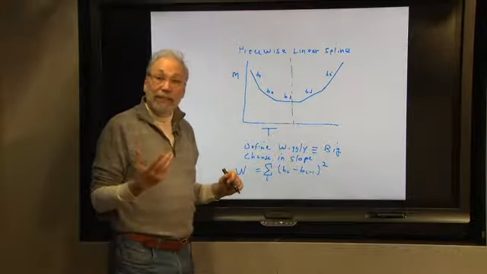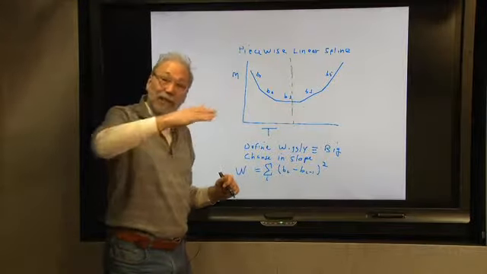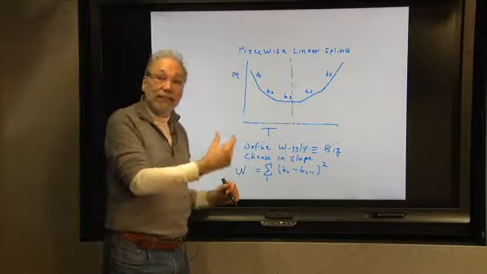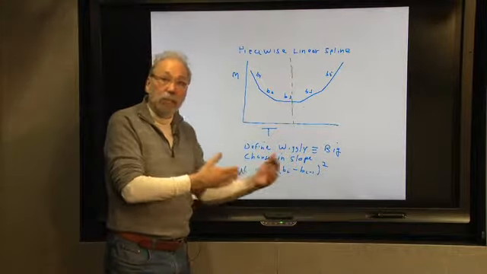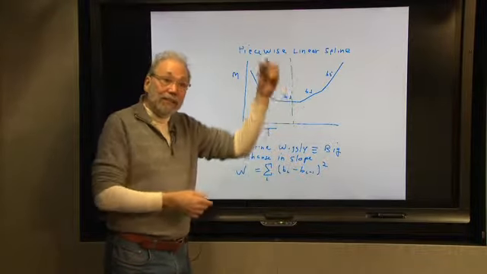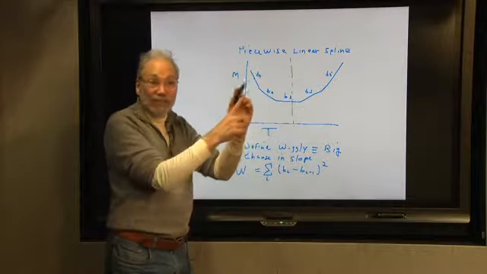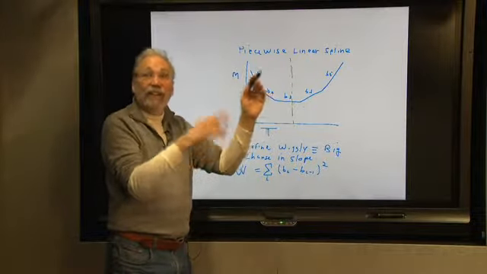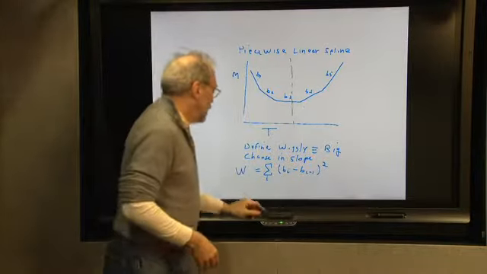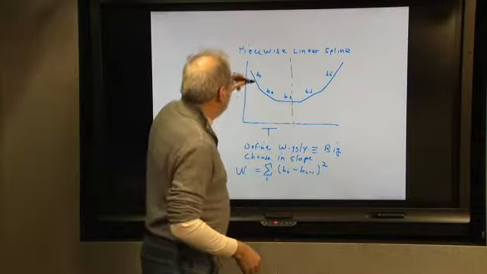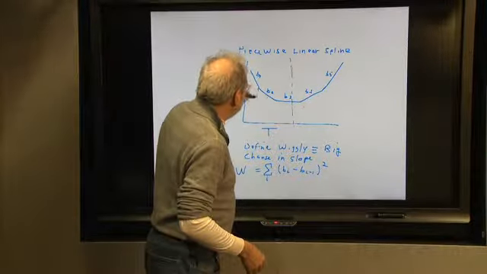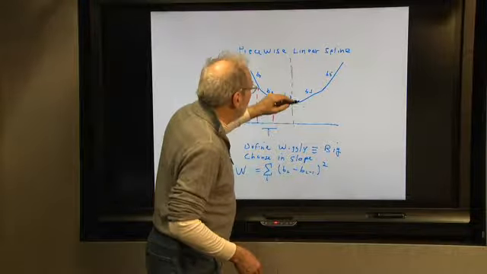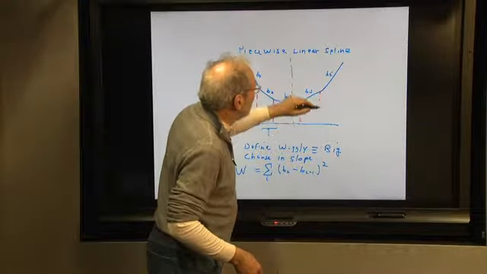If I want to do a linear curve and still come close to what's going on, I'm going to need to divide the temperature range into more pieces, because straight lines approximate curves for a while, but not that far, and so I'll need more pieces. So I could have one piece there, and another piece there, and another there, and another there.